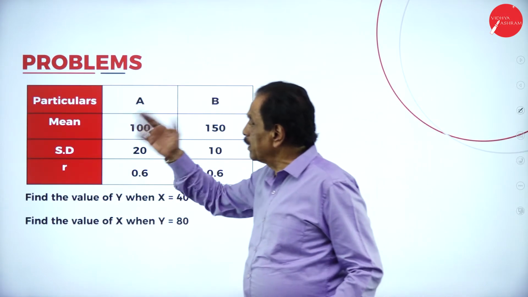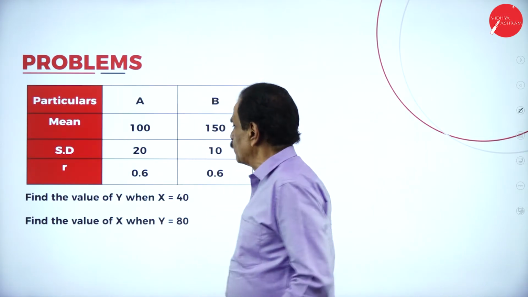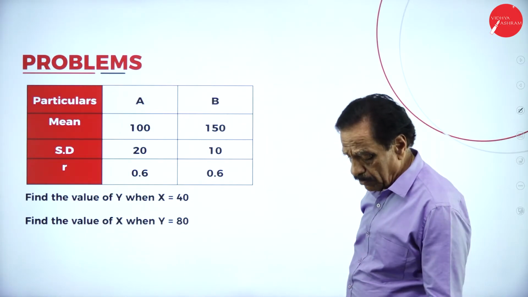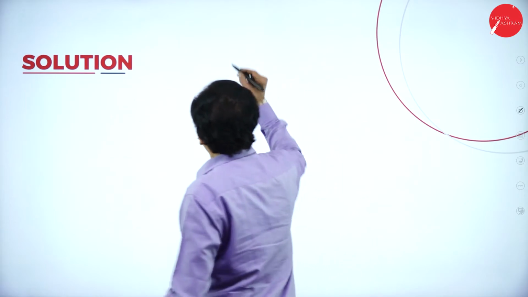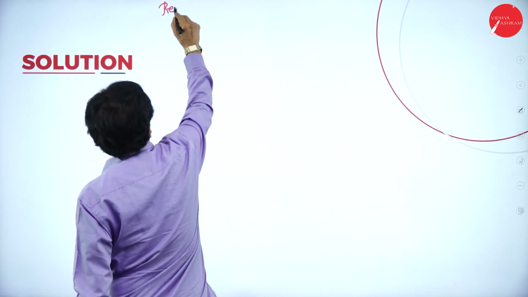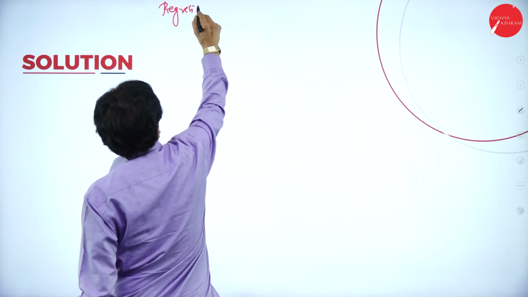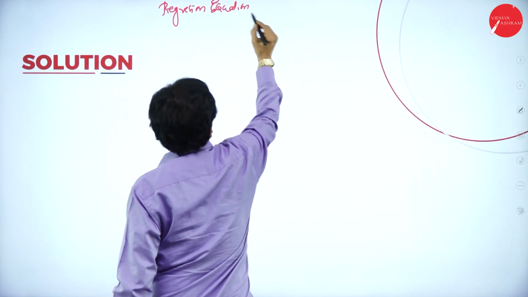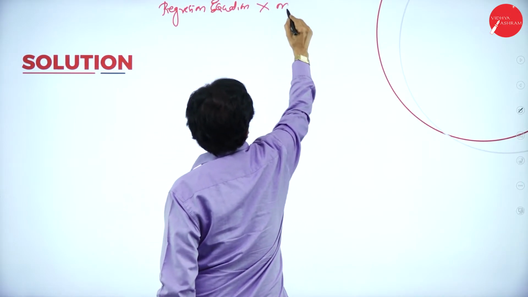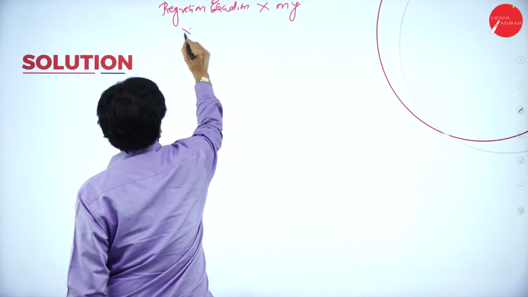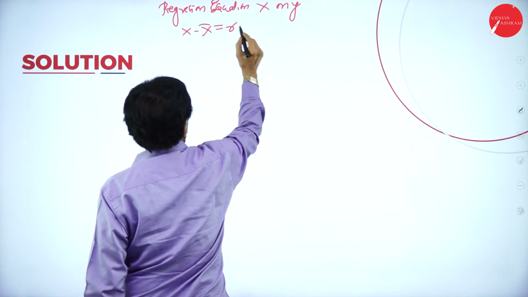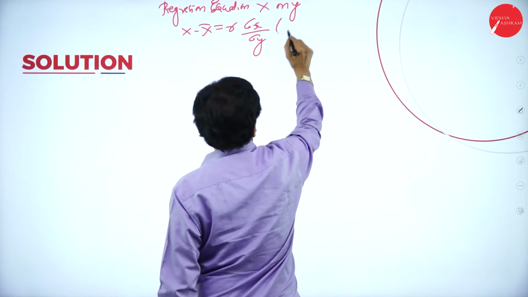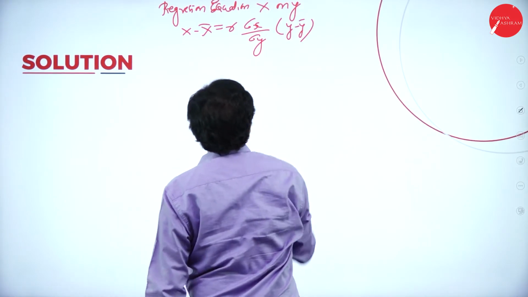So here the mean of x is 100 and the mean of y is 150. Apply now. Regression equation x on y: x minus x mean equals r into standard deviation x divided by standard deviation y into y minus y mean.